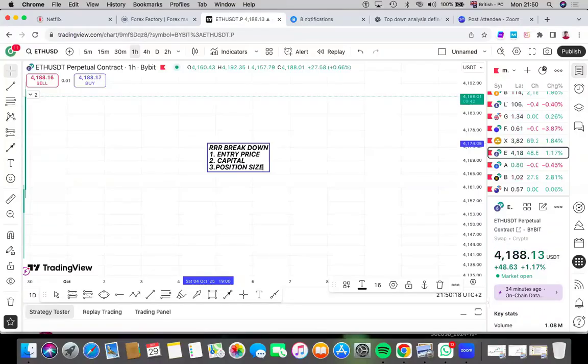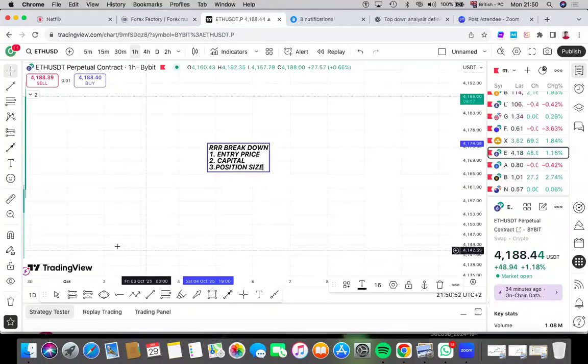Position size is the number of contracts or units of instruments that you can buy and sell. For example, if I want to buy BTC, whether it's one BTC, two, or 10, that's the position size. Here we have Ethereum USDT.